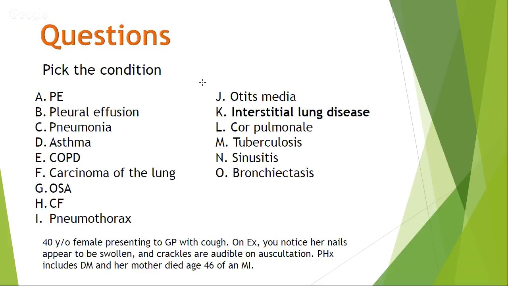That's the triad of interstitial lung disease: cough, crackles, and clubbing. Also take things with a grain of salt. For example, past history, mother dying of AMI, irrelevant. They sometimes throw in extra information, so just make sure you sort it out, and don't worry if what you've chosen doesn't include absolutely everything.